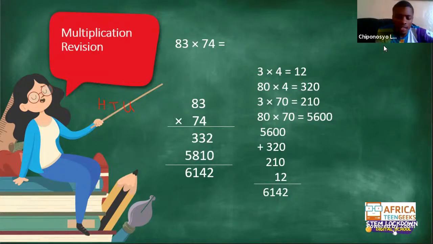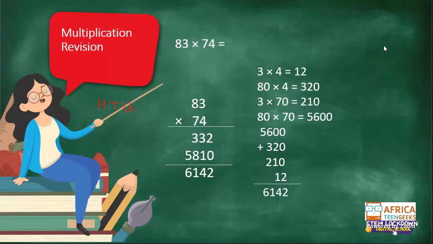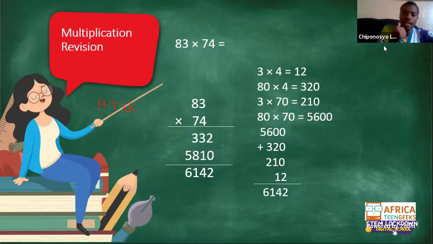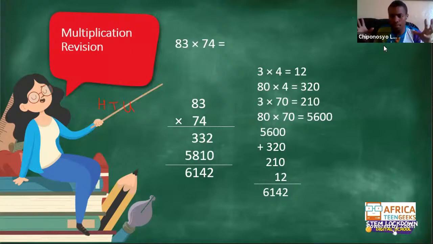That was a super explanation, but let me just break it down. If we're looking at a number, numbers are made of digits.